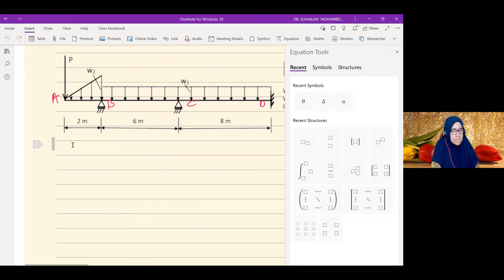Start with the first system, the primary beam. In the primary beam, we calculate the reaction and we write the moment equation.